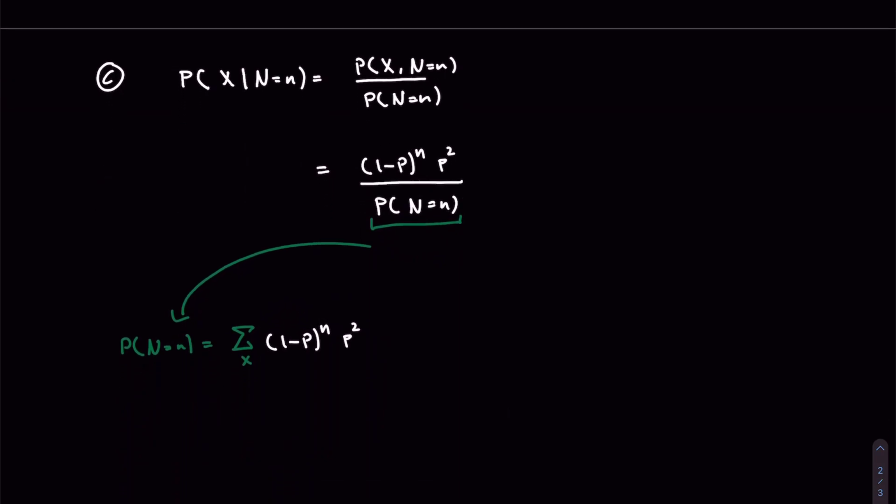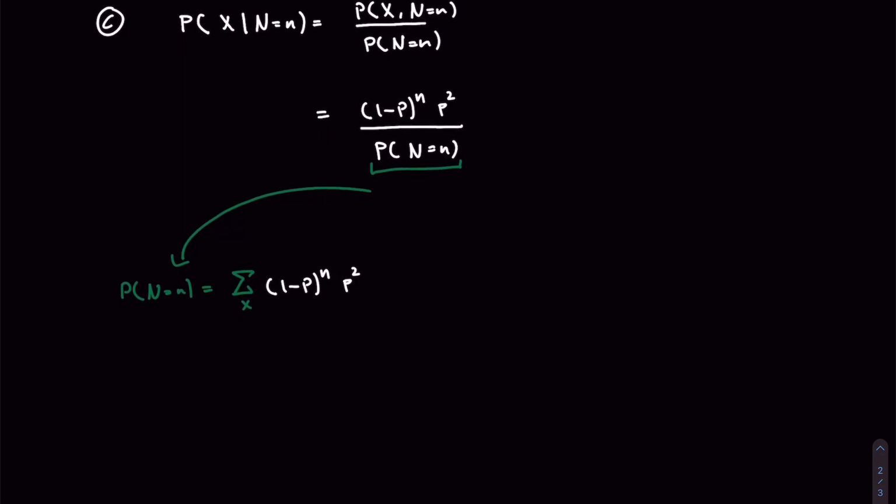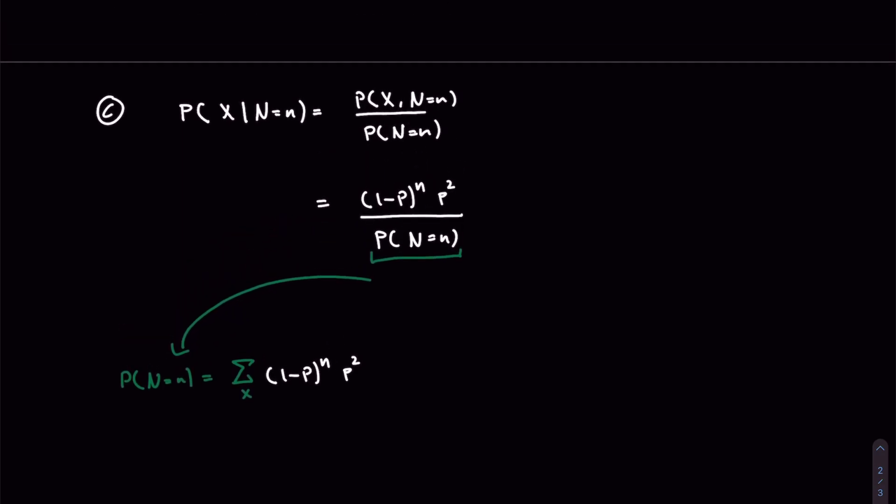But the tricky part is really the support. I mean, the geometric goes from x to arbitrarily large integers, but here, because we are conditioning on n, little n, x cannot be more than n, so x has to be less than or equal to n.